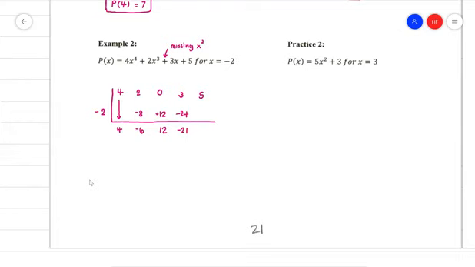Negative 2 times negative 21 is positive 42. Sorry, the pen wasn't working for a second there. And 5 plus 42 is 47. Last number is my answer. So the function p evaluated at negative 2 is 47.